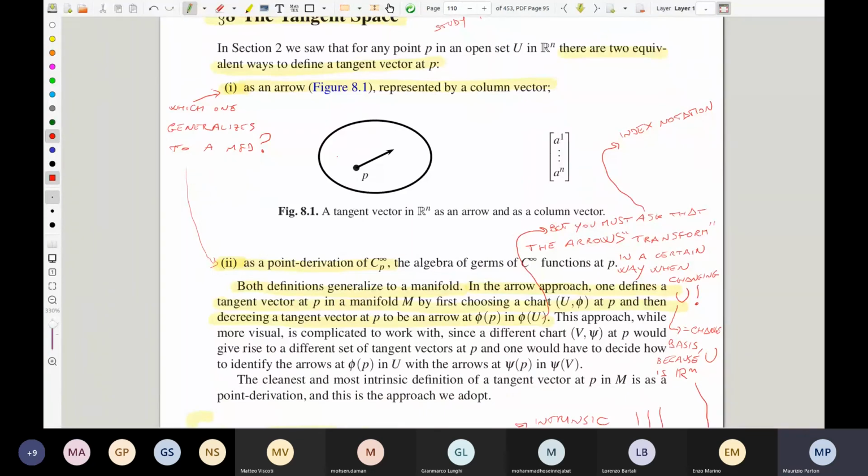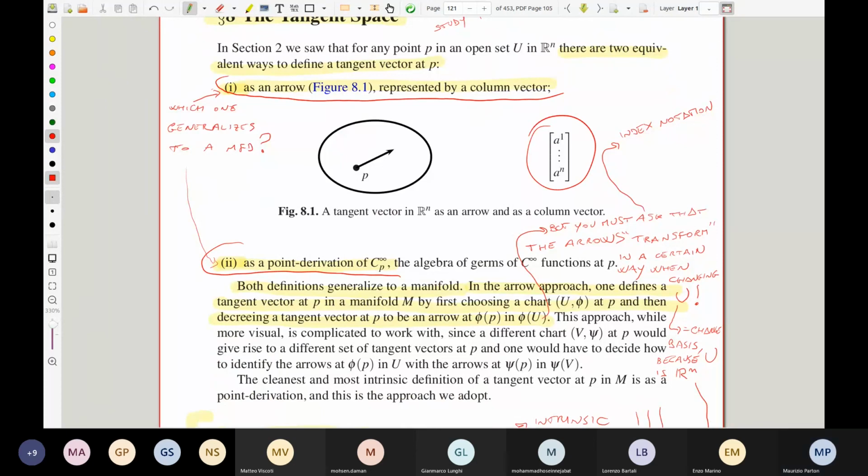So we have two definitions of tangent vector for the moment. An arrow, that means also column vector, and as a point derivation. What is a point derivation? Let's have a look at this definition. A point derivation is a map, you remember, a vector does the directional derivatives.